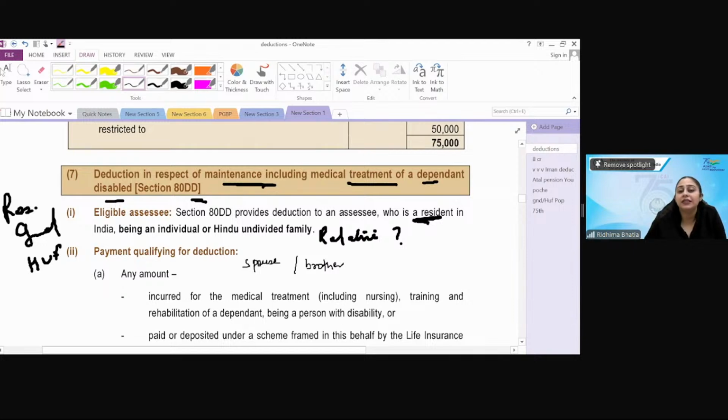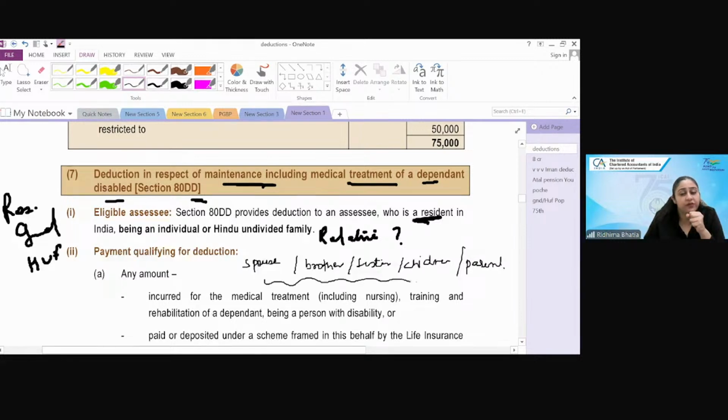Now 80DD has spouse, brother, sister, children and parents, mother, father. But the condition is they should be fully or mainly dependent upon the assessee. They should be wholly and totally dependent upon the assessee.